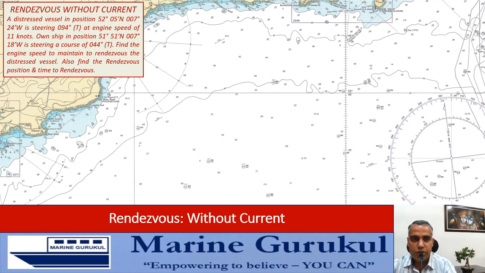Own ship in position 51 degrees 51 minutes north and 007 degrees 18 minutes west is steering a course of 044 degrees true. Find the engine speed to maintain to rendezvous with the distressed vessel. Also find the rendezvous position and the time to rendezvous.